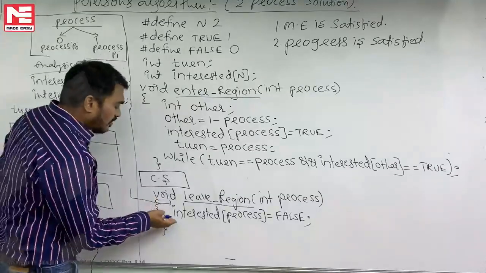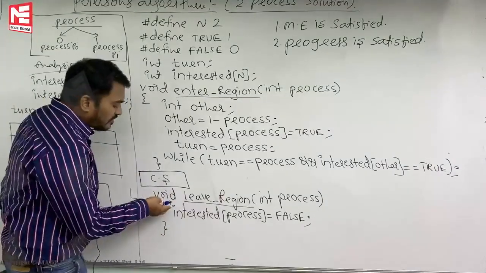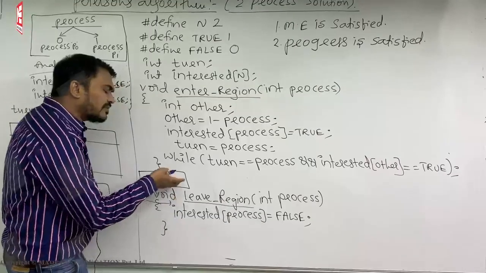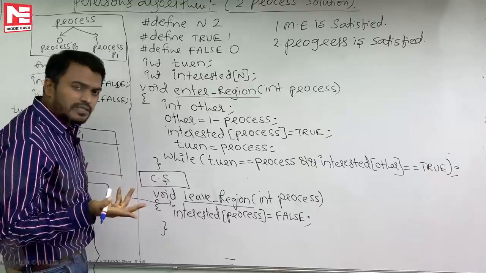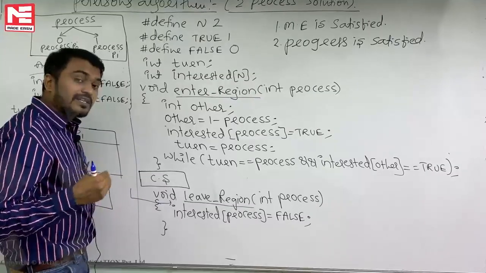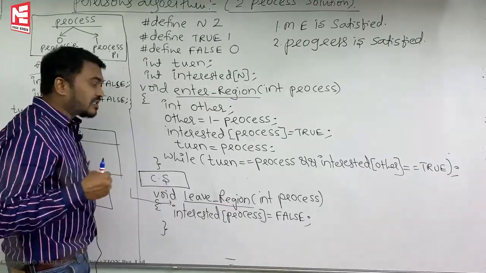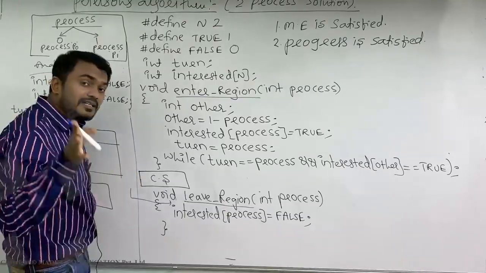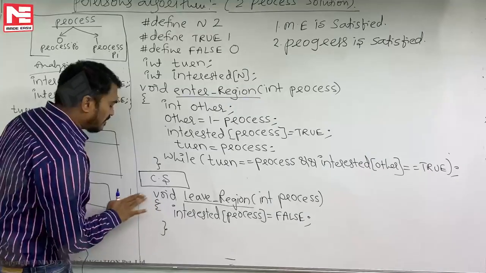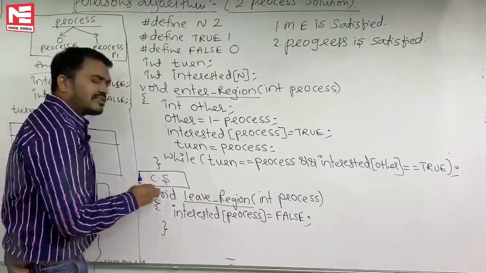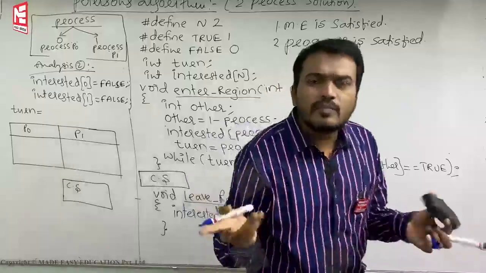So when you take preemption here, it means the critical section is busy. When the critical section is busy, there is no thinking of progress. Progress comes into the picture only when the critical section is free. So even if you take preemption here, the critical section is busy only. When the CS is busy, there is nothing to talk about progress.